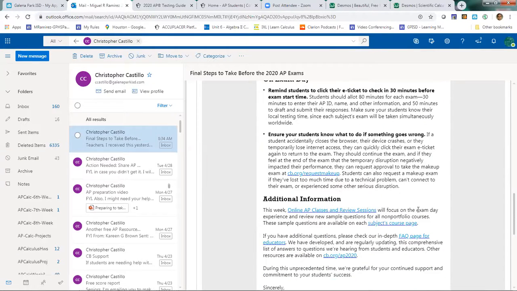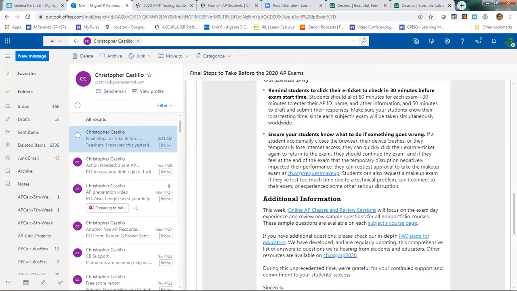This reminds students to click the e-ticket to check in 30 minutes before the exam starts. Students should allot 80 minutes for each exam: 30 minutes to fill in their AP ID, name and other information, and 50 minutes to draft and submit the responses. Make sure your students know their local testing time, since each subject exam will be taken simultaneously worldwide.